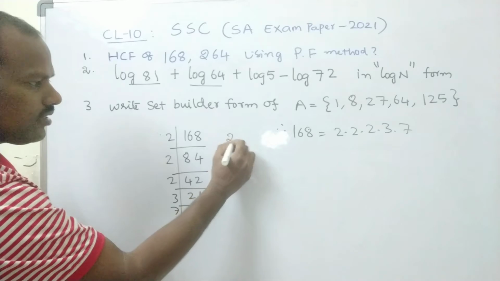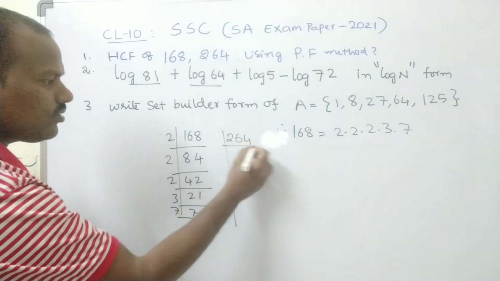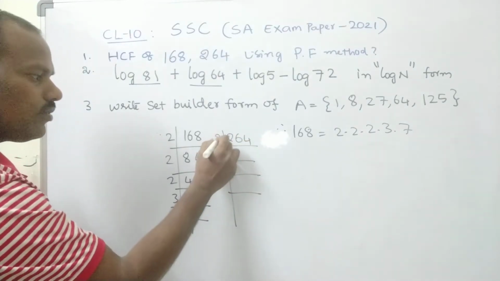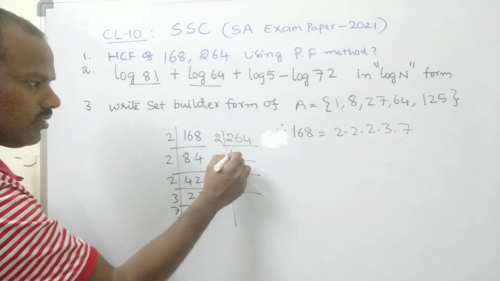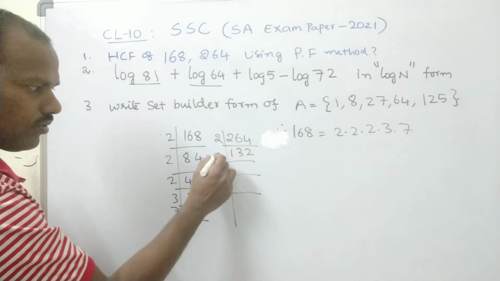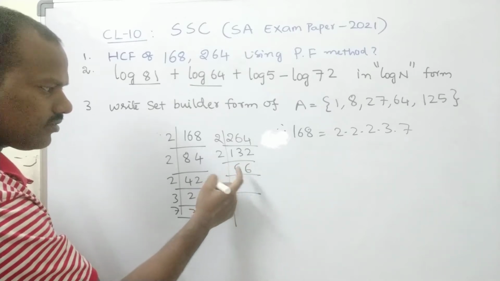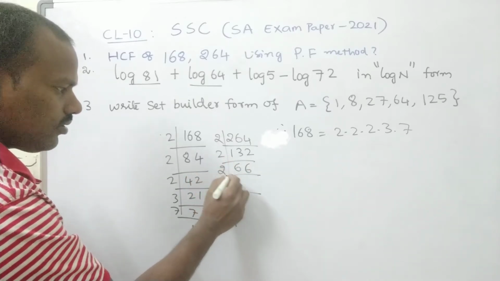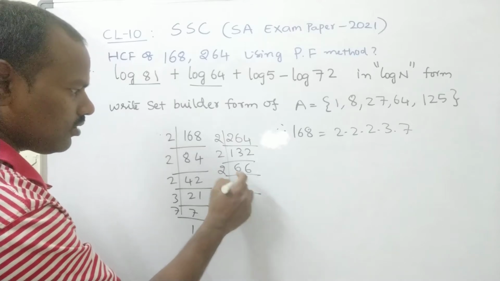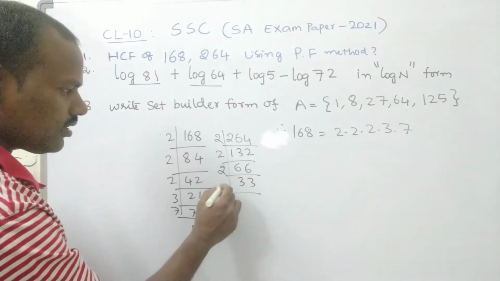Similarly, we have to factorize 264. As you do factorization, again you have to go for prime numbers. 2 1s are 2, 2 2s are 4, 2 6s are 12, 2 6s are 12, 2 3s are 6, 2 3s are 6.